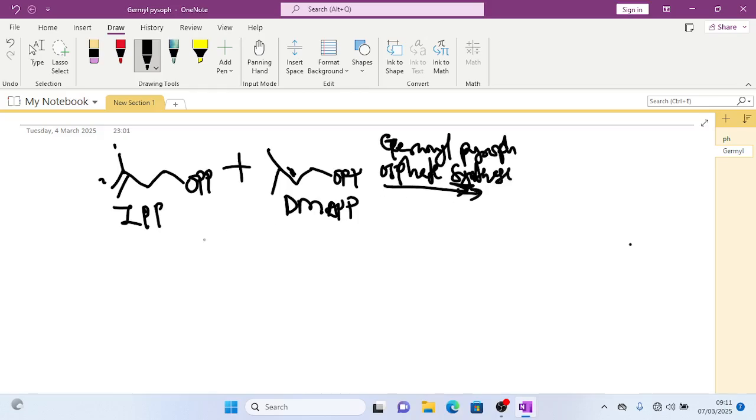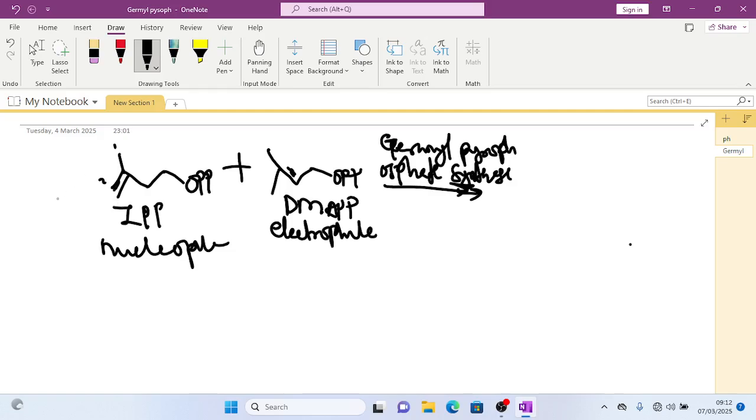And what happens is that our dimethyl allyl pyrophosphate acts as the electrophile. Now this is going to have positive charge, while this acts as the nucleophile because of the presence of this electron-rich double bond.